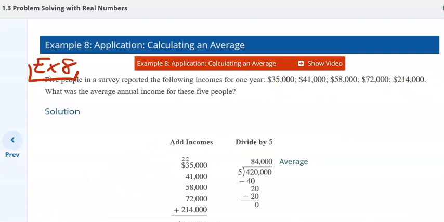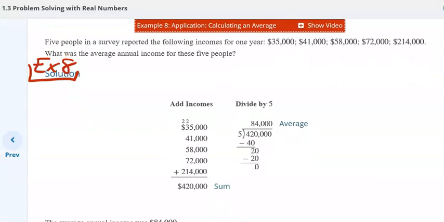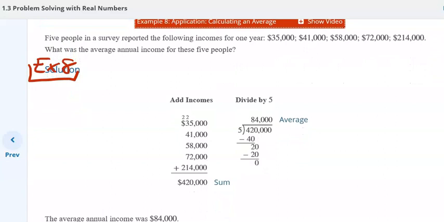Example 8, we just want to copy the data down because they're asking us to find the average, and they're showing again the traditional way of doing it in arithmetic, and then dividing again by 5 items of data. You would get 84,000. So pause, get this down.